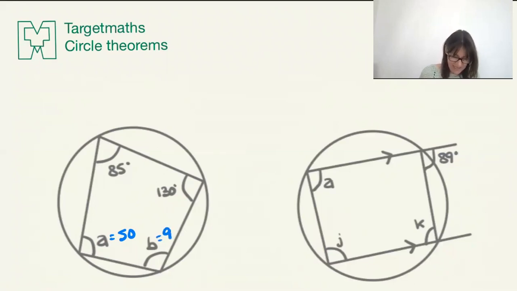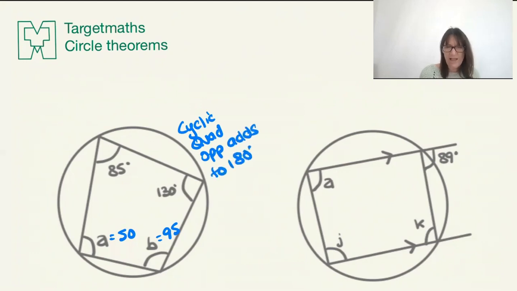So B would be 95. And I would literally just write cyclic quad op adds to 180, something like that.